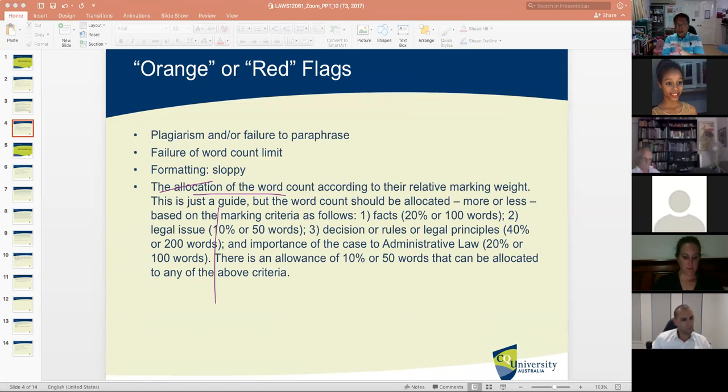So you cannot have, let's say, somebody submitting 3 case notes, and one of the case notes only has 200 words, and then the next one has about 800 words. The first one would fall short of the word count range. The other one would be excessive. You cannot add them up and then divide it by the number of case notes. It has to be per case note, because that is the specific instruction of the case note assignment.